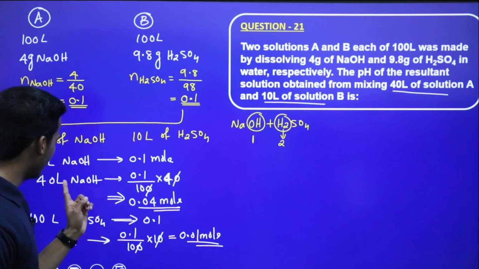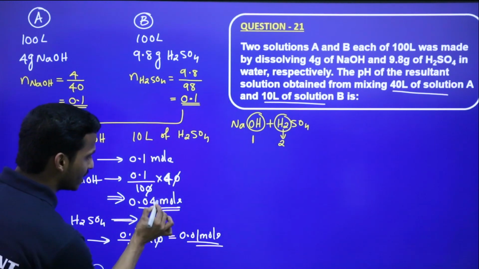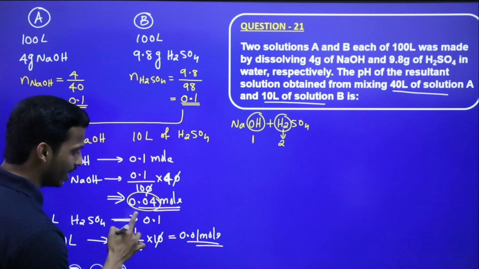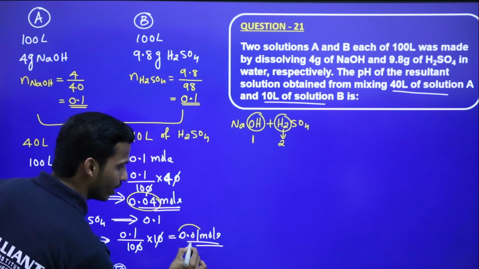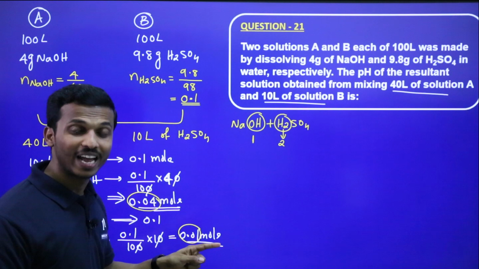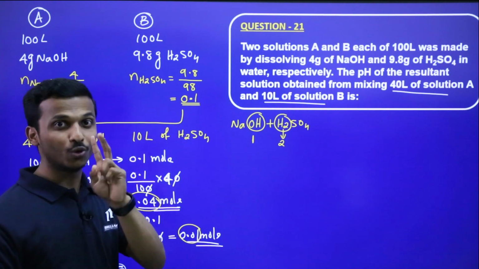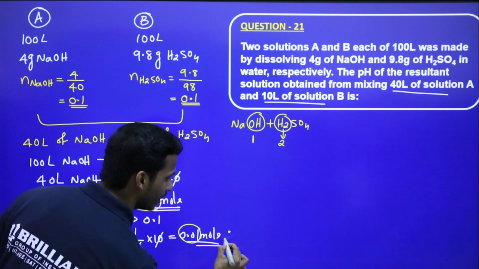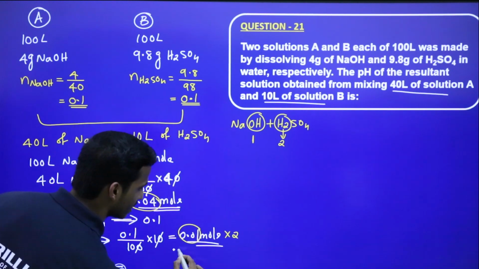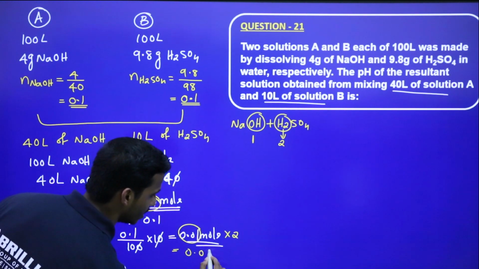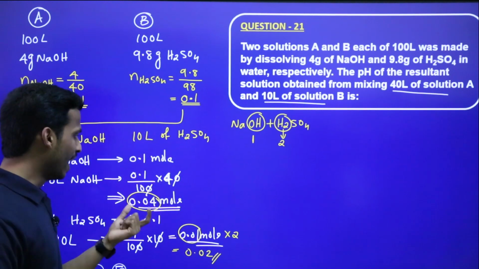Here the number of moles of NaOH is 0.04. The number of moles of H2SO4 is 0.01, but H2SO4 contains 2 H plus ions. So what will be the number of moles of H plus? It will be 0.02.